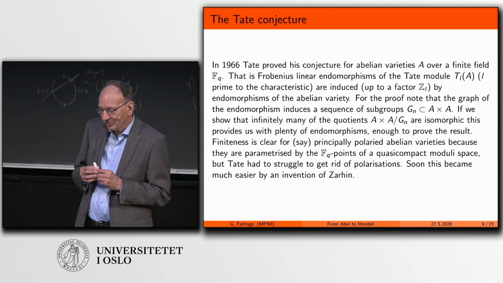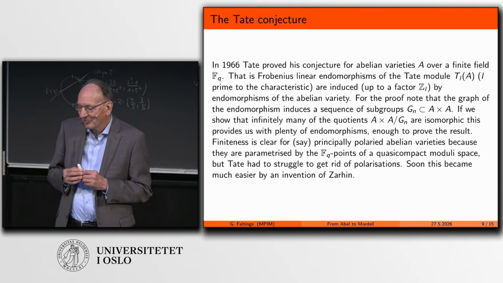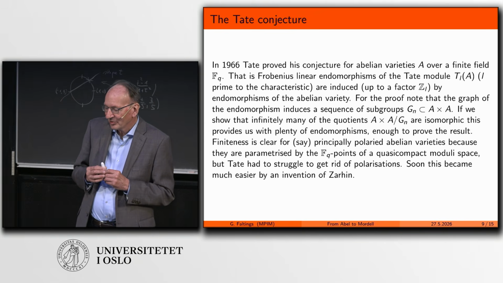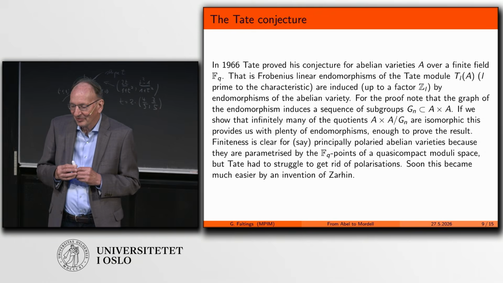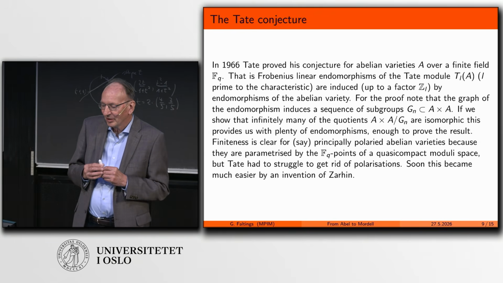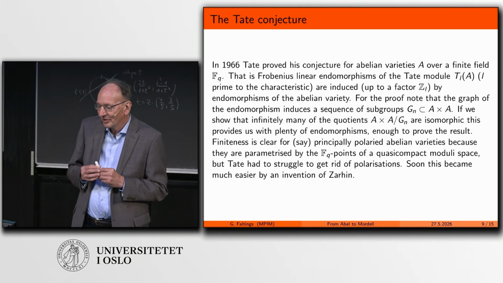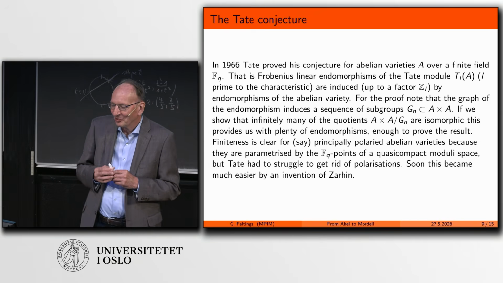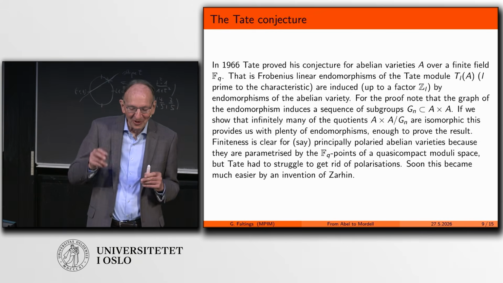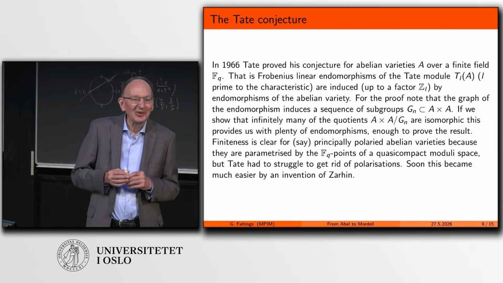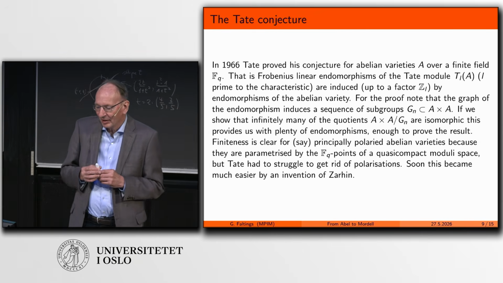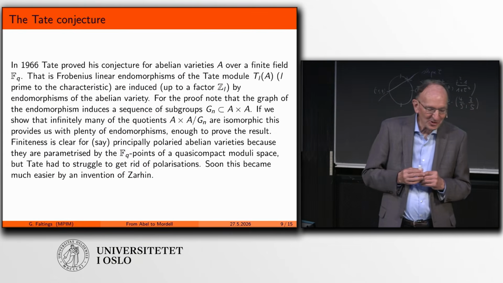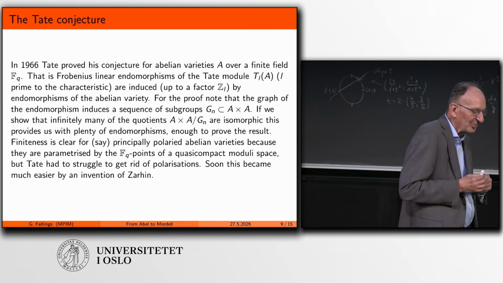And he found a method to prove this, namely, let's say you have a sequence of subgroups of the Abelian variety by itself, and then you look at the quotients, and you want to show that infinitely many of them are isomorphic, because then you somehow find morphisms between them, and this gives you endomorphisms. In principle, this idea is clear, because they should be parameterized by some moduli space.